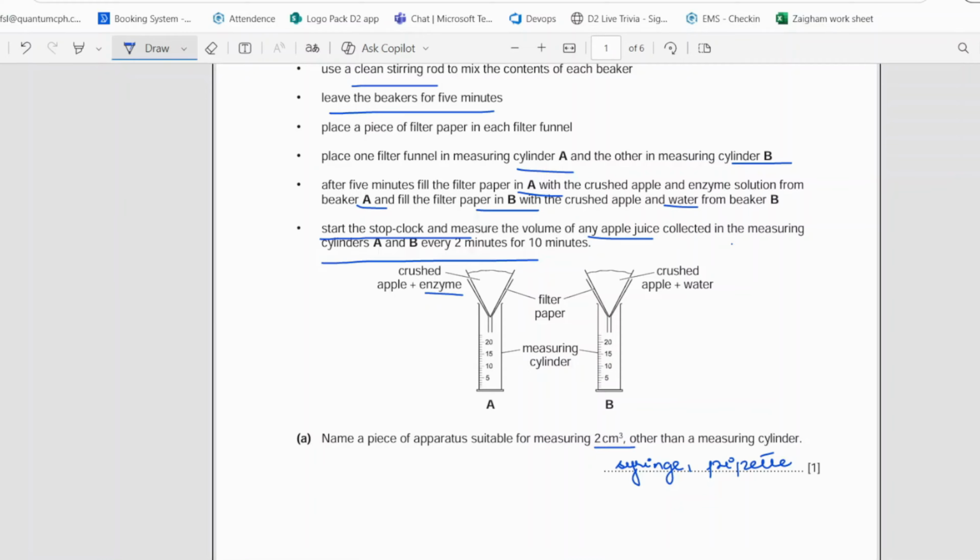In addition, you can also write that the volume of enzyme, the concentration of enzyme, the mass of apple and the temperature would be kept constant during the experiment, since we have to use constant variables.